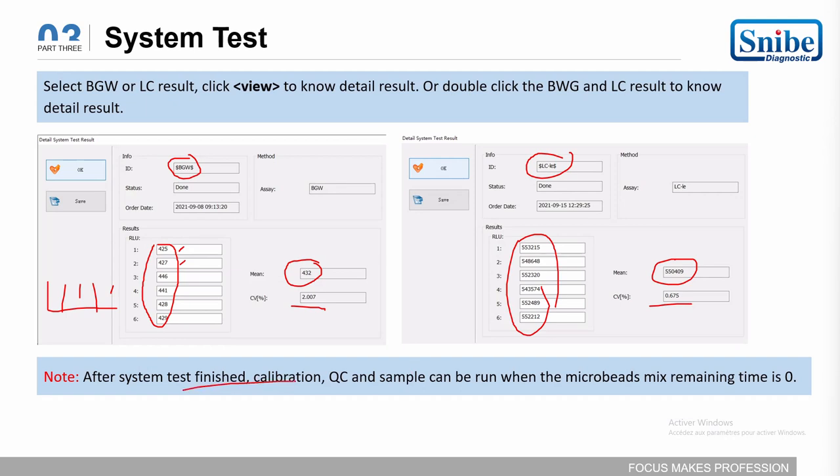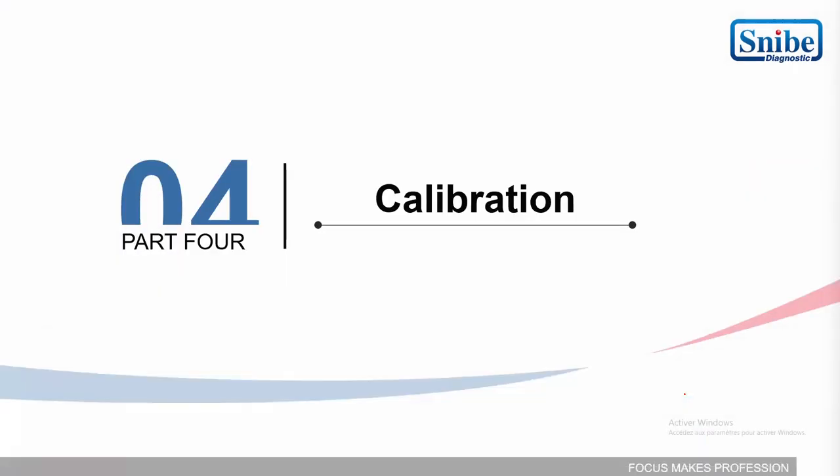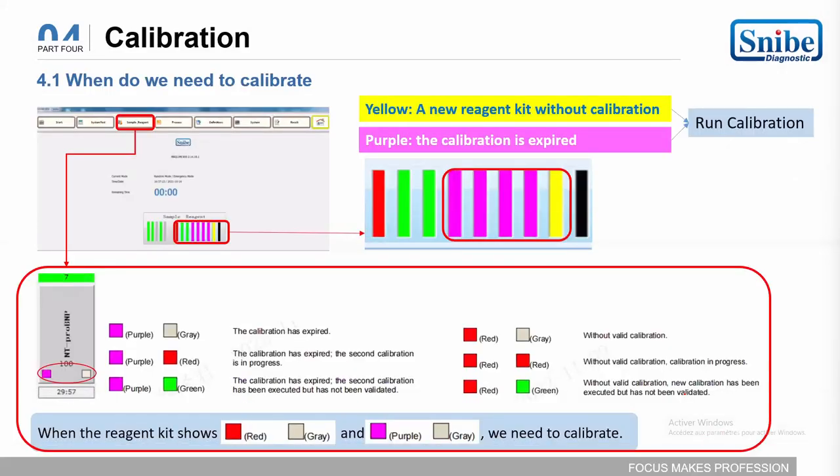After the system test is finished, calibration, QC, and sample can be run when the microbeads mix remaining time is 0. So we can start, for example, the calibration. Here we can see when calibration is needed. We can use the different colors to know which reagent needs calibration.